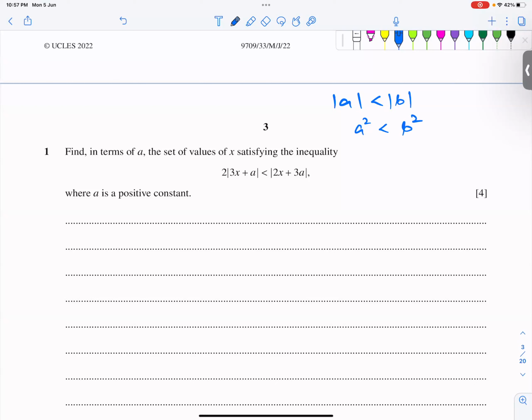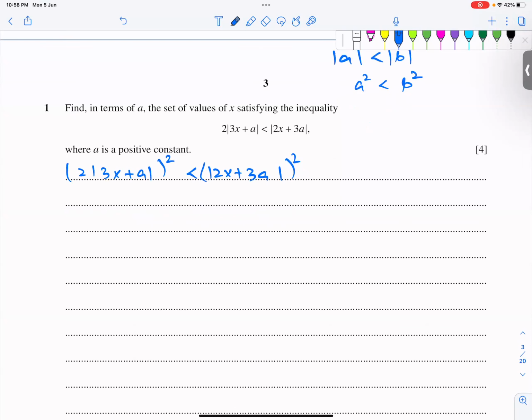So if you take square on both sides, 2 mod of 3x plus a whole square is less than 2x plus 3a whole square. So it means if you take square on both sides, you can ignore the mod.